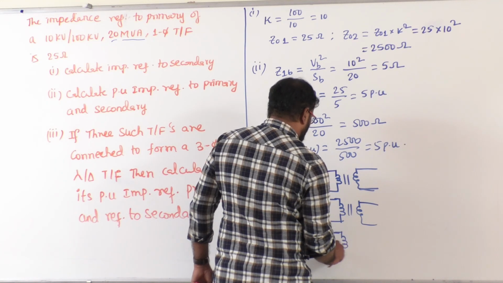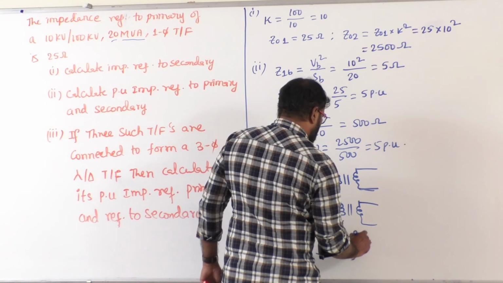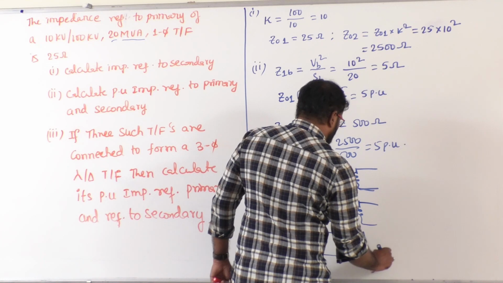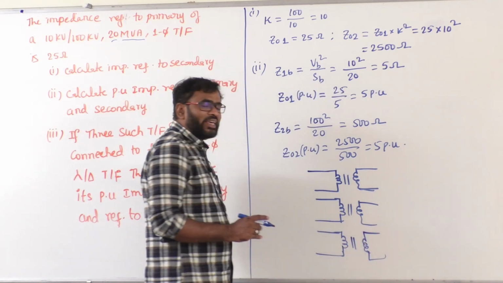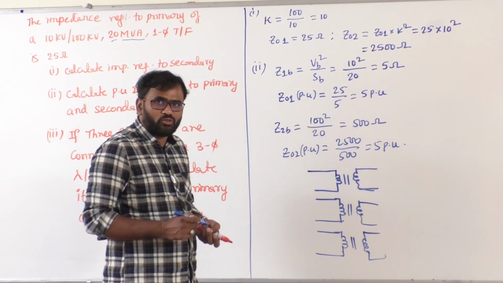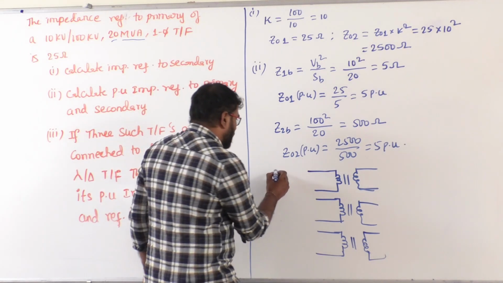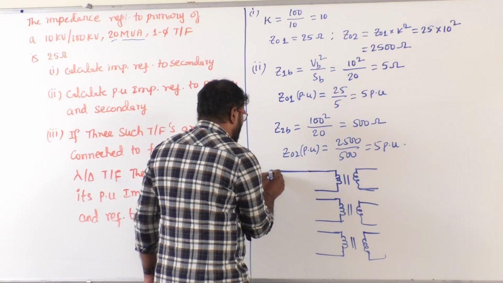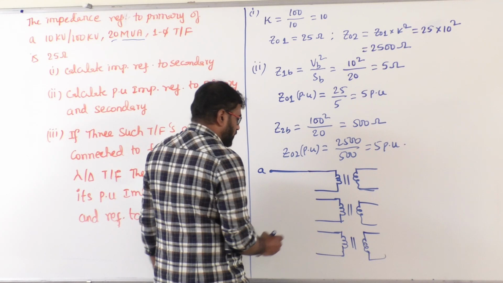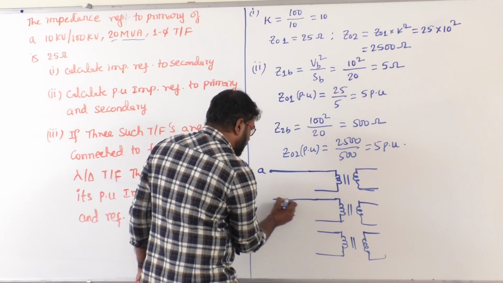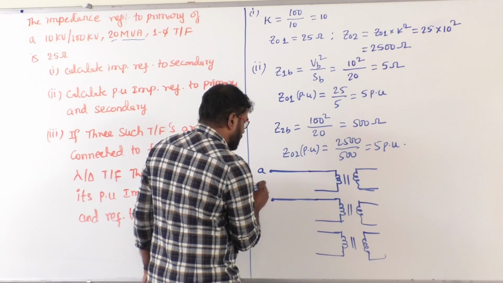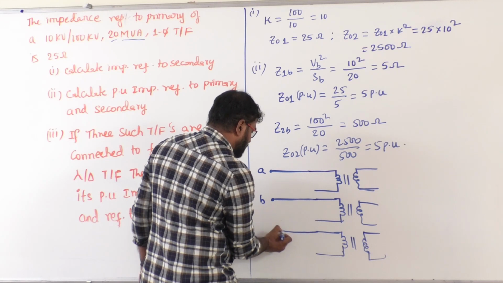Now I am making a three phase star delta transformer. Let's say this is A phase, this is B phase, and this is C phase.